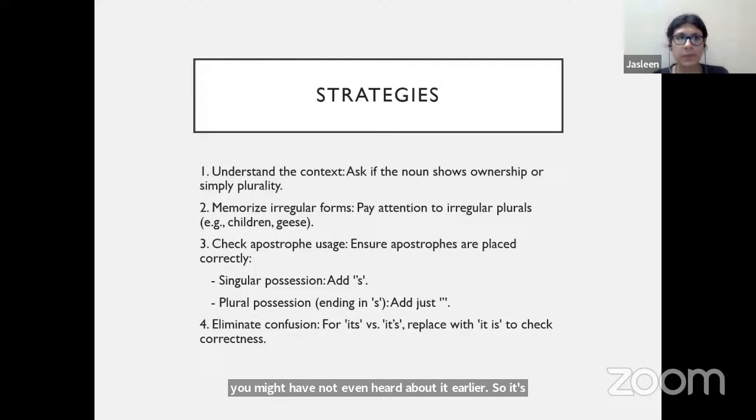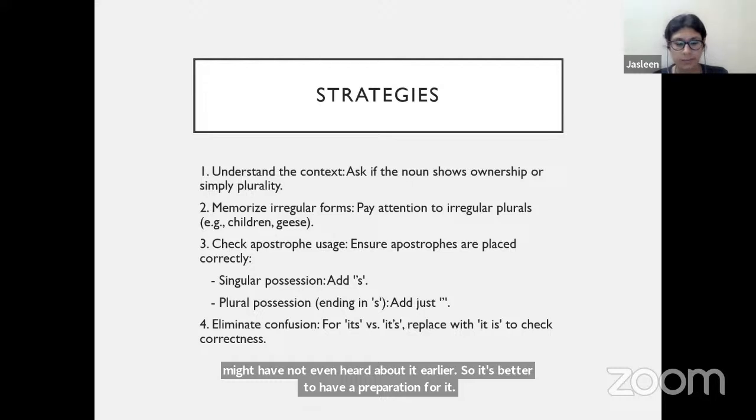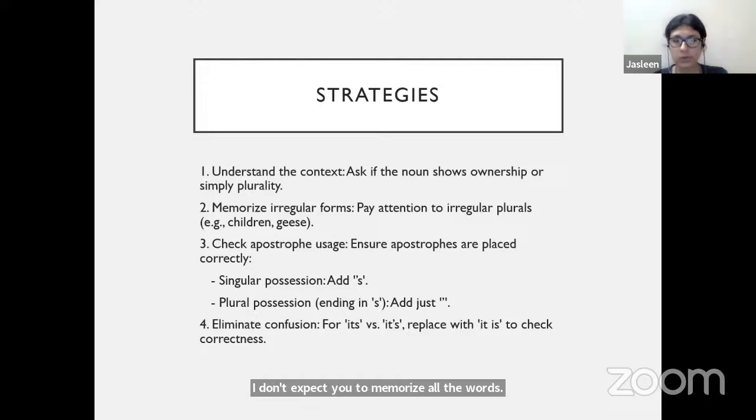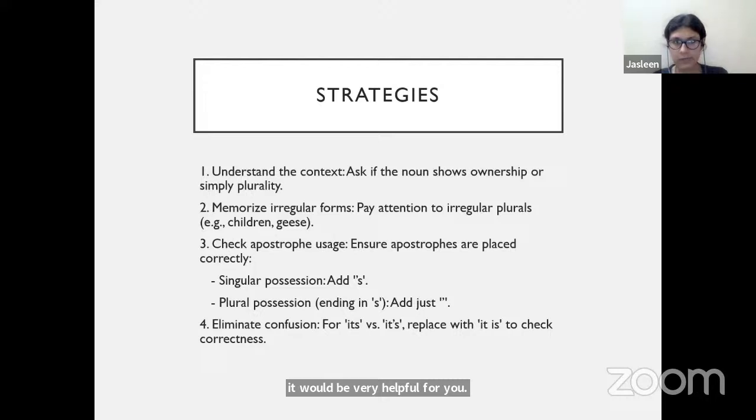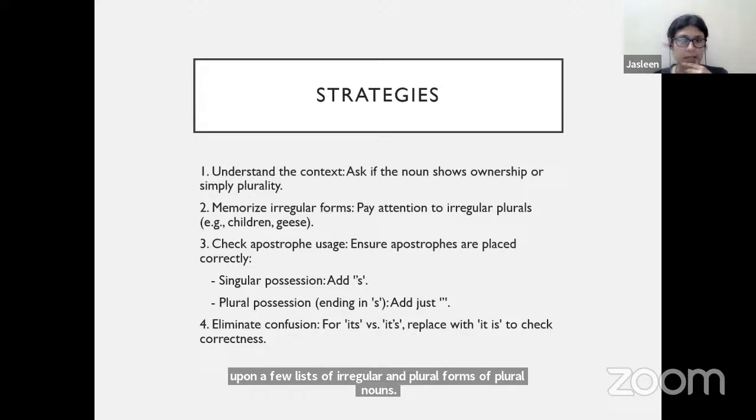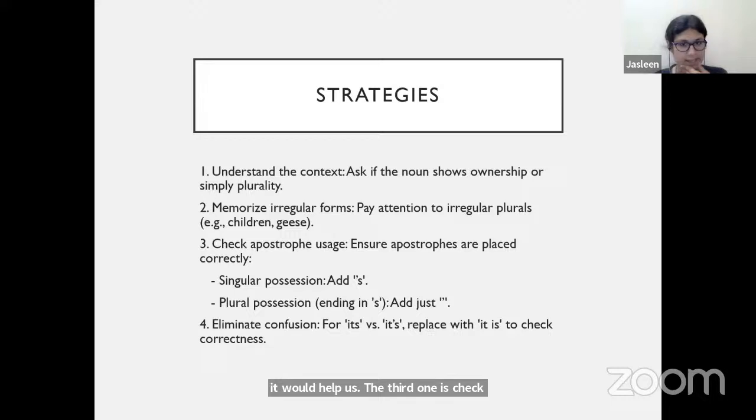I don't expect you to memorize all the words, but even if you just read the list once or twice, it would be very helpful. Maybe if we get time at the end of the session, let us check a few lists of the irregular forms of plural nouns. It would help us. The third one is check apostrophe usage, ensure apostrophes are placed correctly.